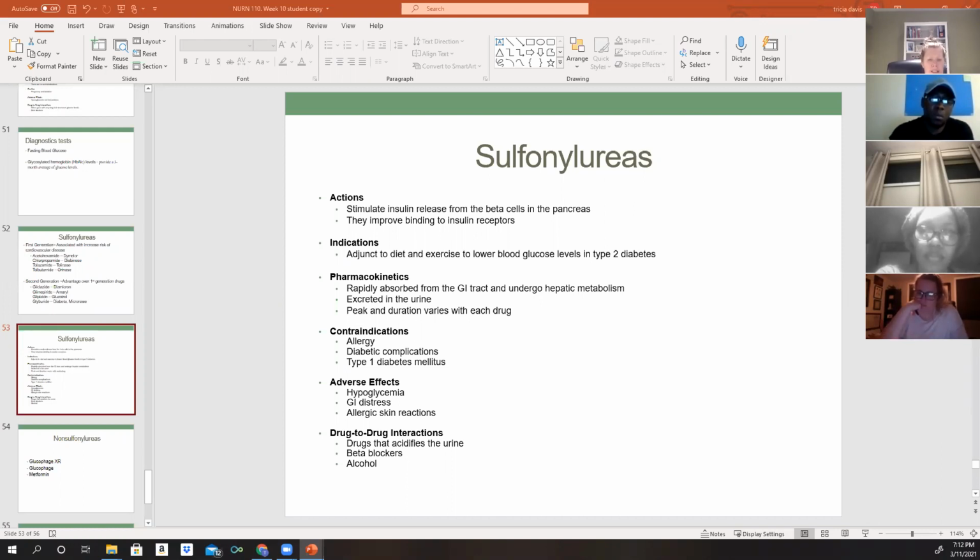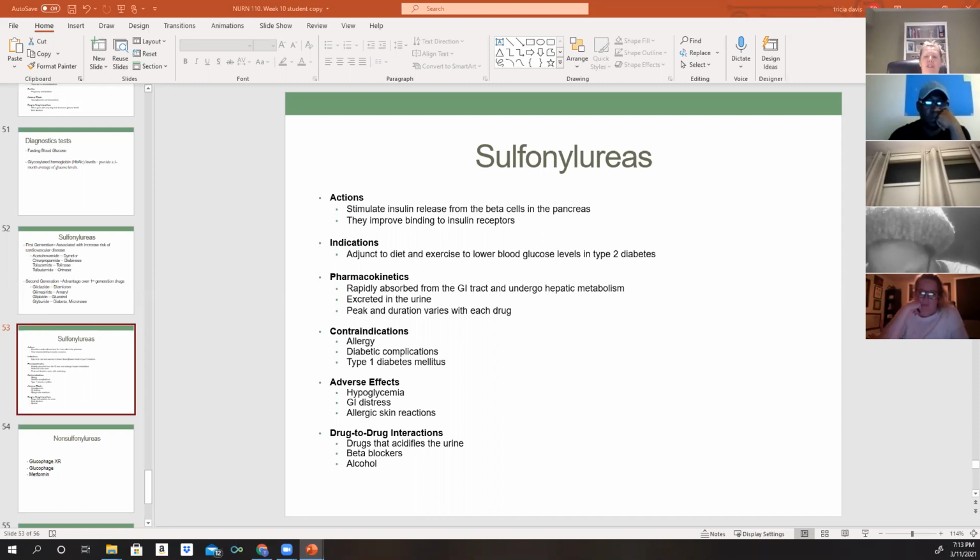You would want to use cautiously with other medications that acidify the urine. Be careful with those beta blockers because people that take beta blockers and these medications don't get the symptoms of hypoglycemia. Normal people that have hypoglycemia, sometimes they can lose consciousness. They'll be shaky. They can be sweaty. They can be disoriented, nauseated.